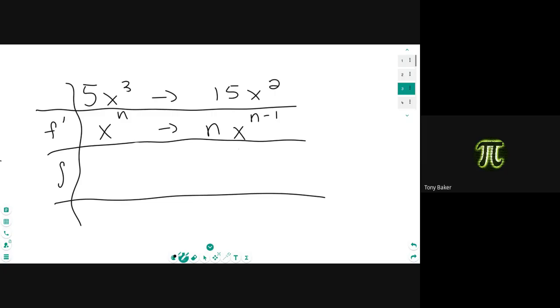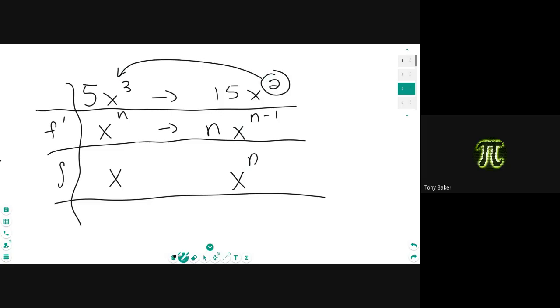So if I want to go from this back to that, if that was x to the n, what do I have to do to the exponent? What am I doing to the exponent if I'm starting off with 2 and I'm going back to 3?